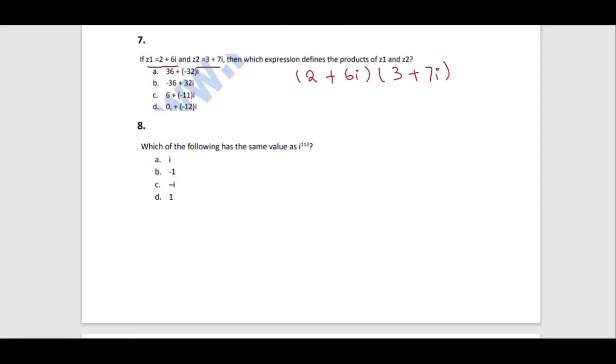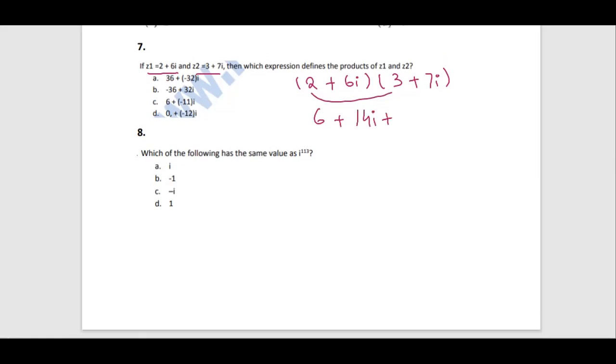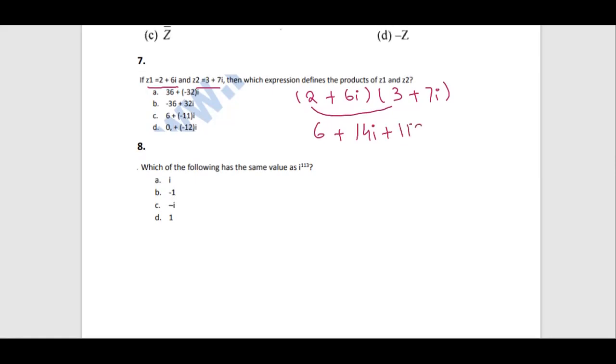So first we'll multiply 2 with 3. We'll get 6, plus 2 into 7i, that is 14i, plus 6i into 3, that is 18i, plus i square into 42, that is 6 into 7. Now we need to simplify.